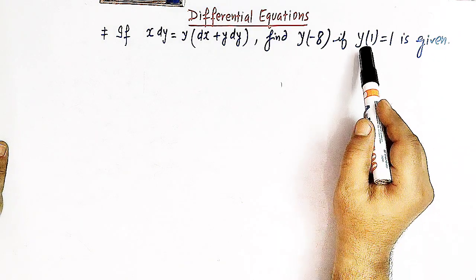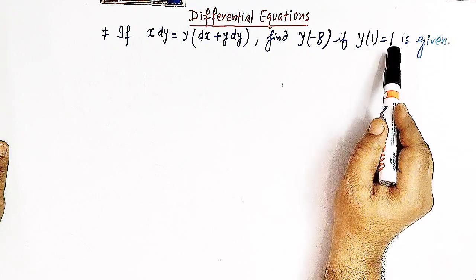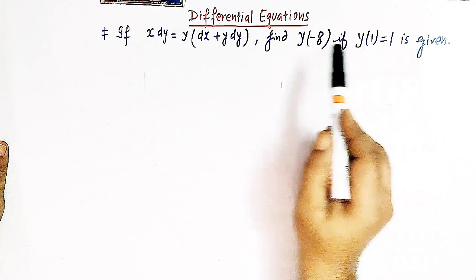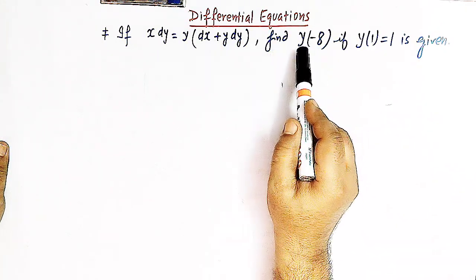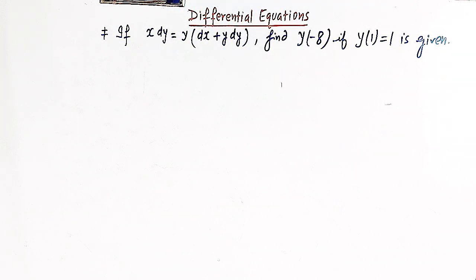So here one condition is given, that is when x is equal to 1, y is equal to 1, and we have to find the value of y when x is equal to minus 8, right?